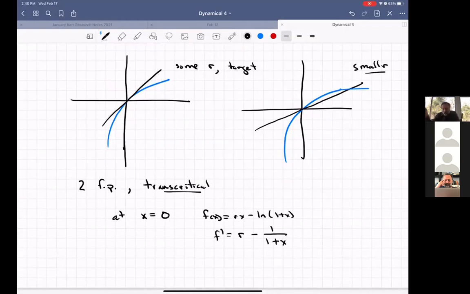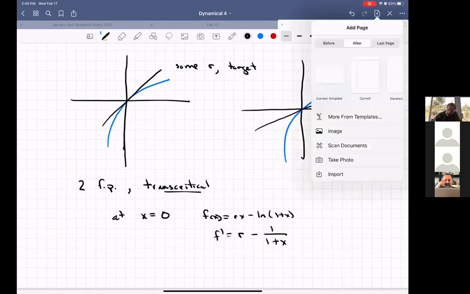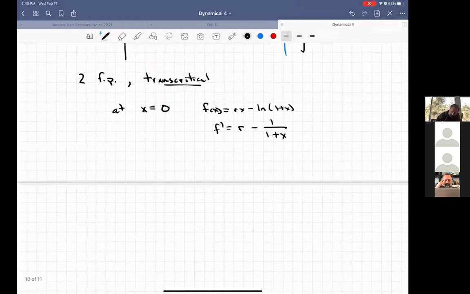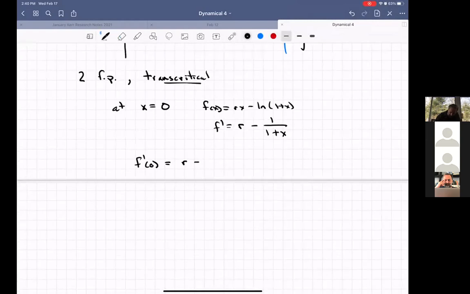The log of 1 plus x would be, put the whole thing underneath, take the derivative of 1 plus x, you get 1. Everybody buy that? Okay. So that means that f prime at 0 is r minus 1 over 1 plus 0, which is r minus 1.